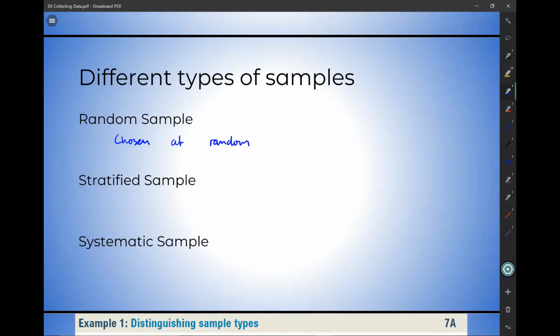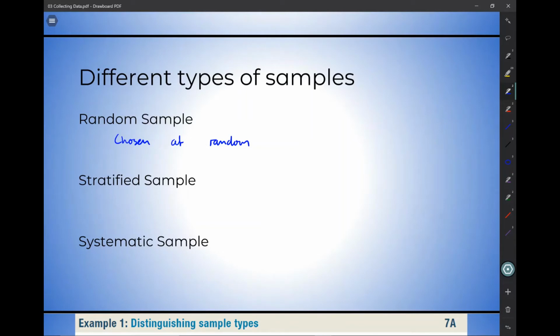A stratified sample is where you do your best to make the sample represent exactly the entire population. So, for example, let's say across year 12 there's a 60-40 split girls, boys. If I was going to collect data from a stratified sample of our year 12 class, I would take 10 students and 6 of them would be girls and 4 of them would be boys, because out of the whole group, 60% are girls, 40% are boys.